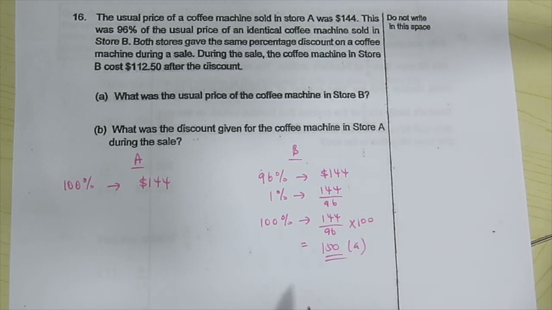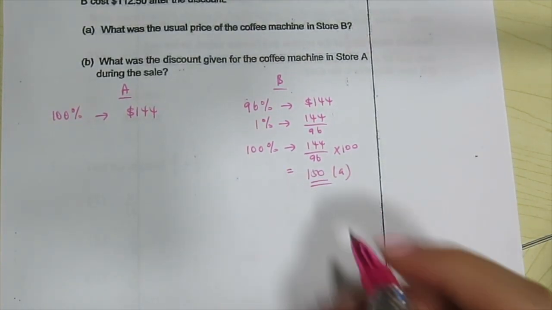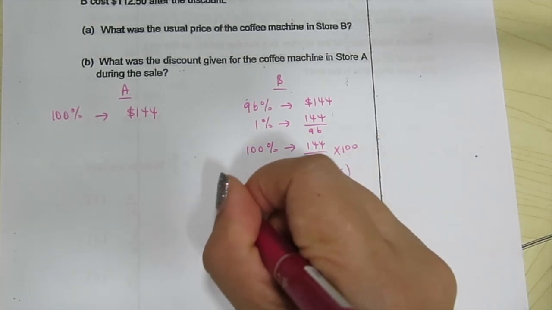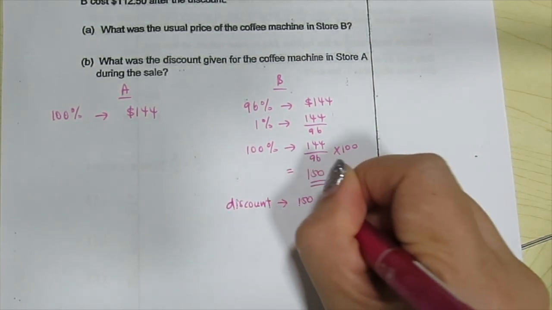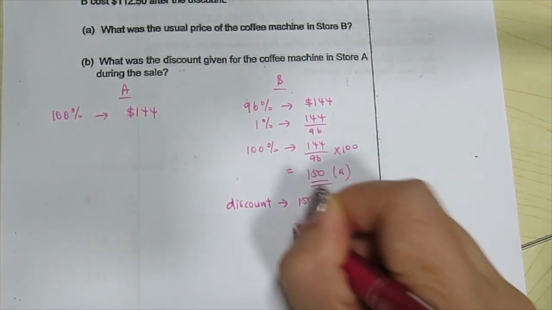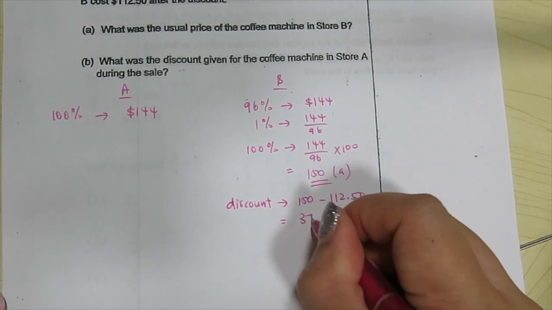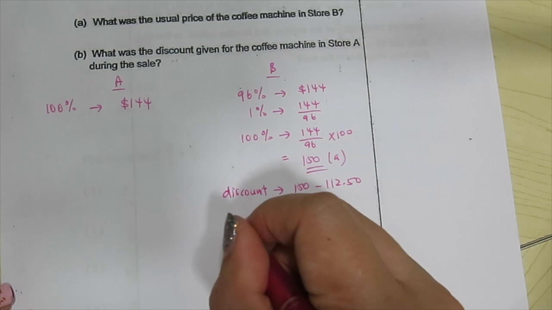So if the original price in B is $150, the discount given is 150 minus $112.50, which is $37.50. Next we need to find out the percentage discount.